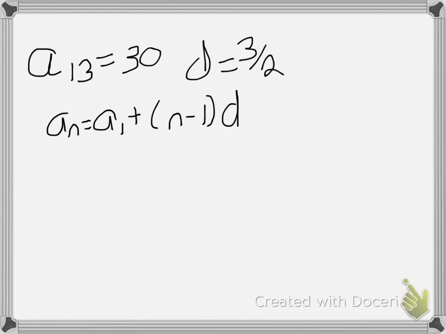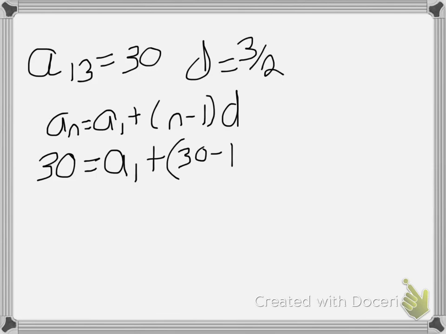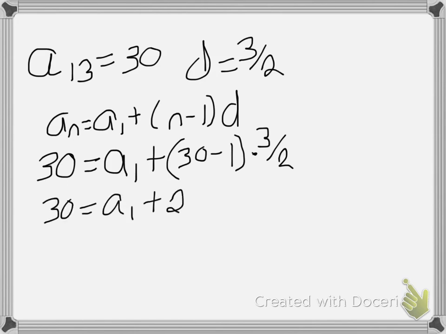A sub 13 is 30, so I'm going to put 30 equals, I don't know my original a1, but I do know everything else. This is 30 minus 1 times d, which is 3/2. All right, so I have 30 equals a sub 1 plus 29 times 3/2.